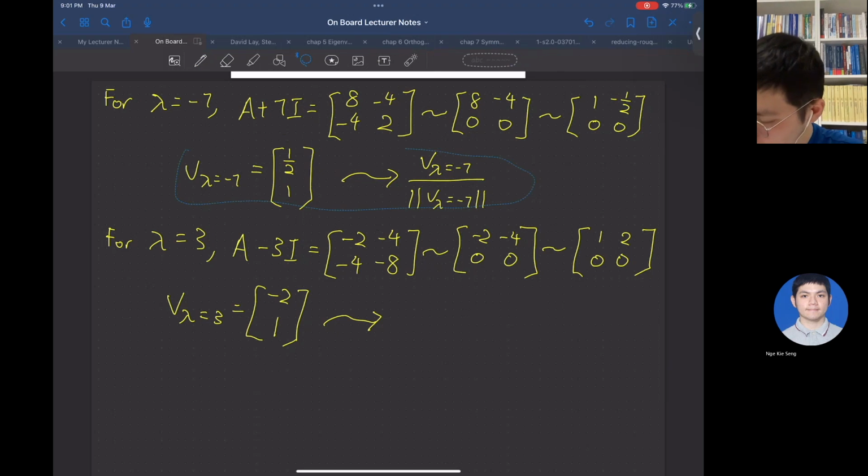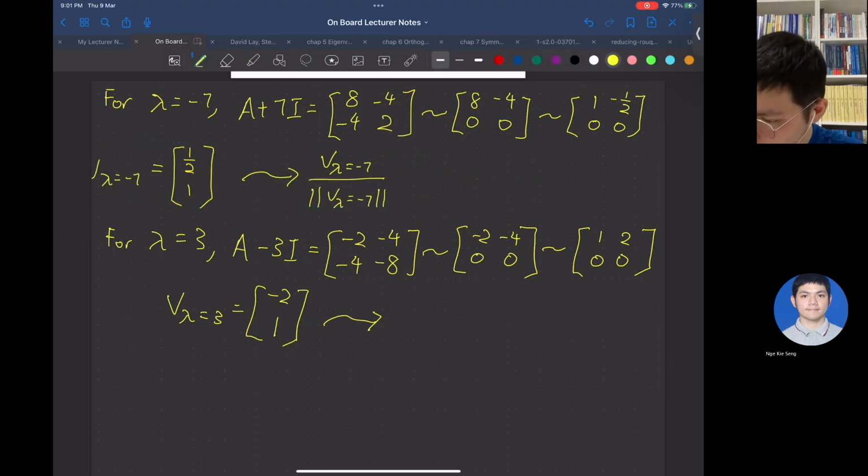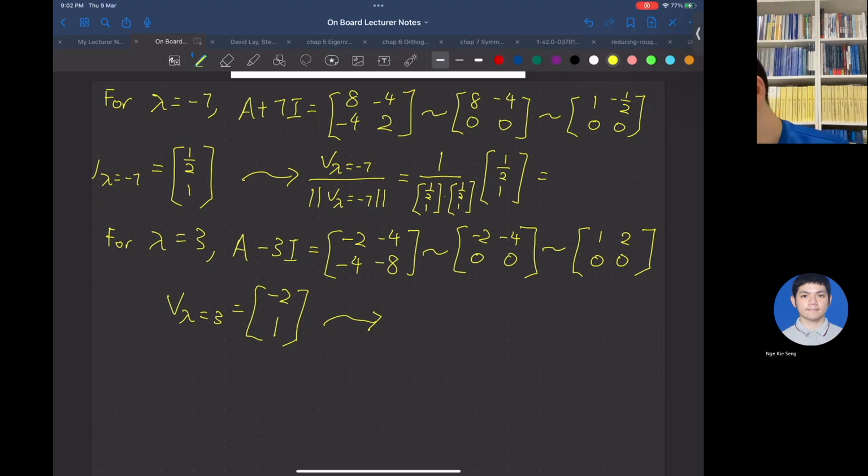So we should do the computation, which is 1 over the square root of v inner product with v again, where we get 1 over the square root of (1/4 plus 1) times (1/2, 1). Okay. And remember that there's a square root for the length.